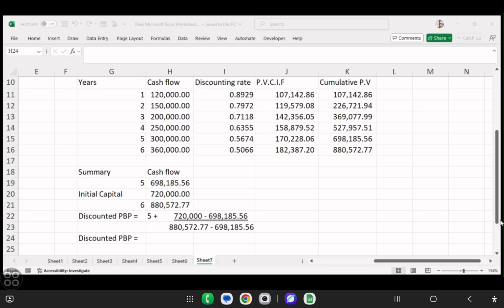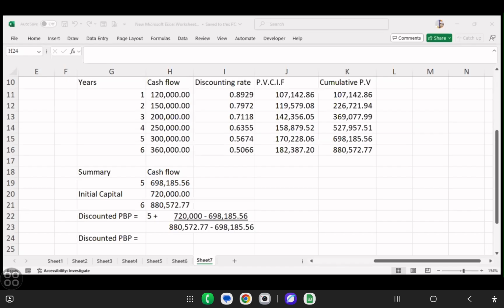Let's get the discounted PBP, please. Someone has posted 5.12 years. Someone else has given 5.12 years.